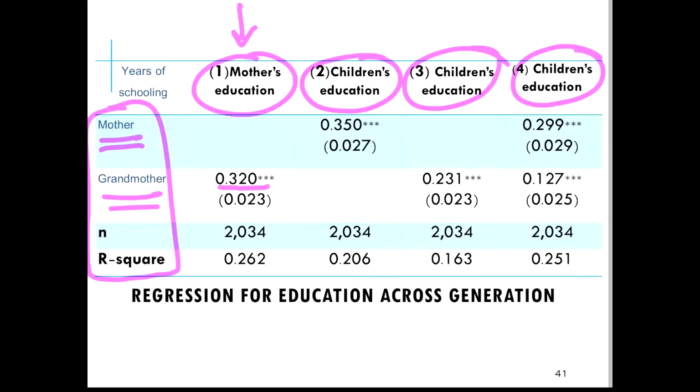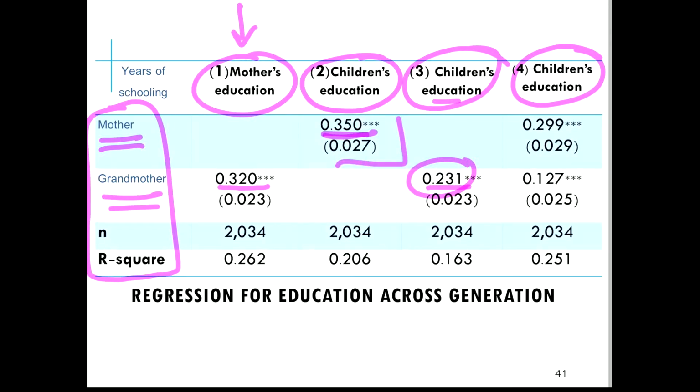0.3 for grandmom and mother. And children and mother, how much? 0.35. And then children and grandma, just 0.2. See, the mother has more influence on the daughter than the grandma, right?